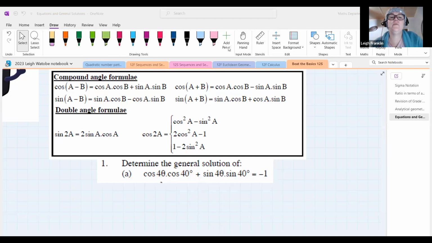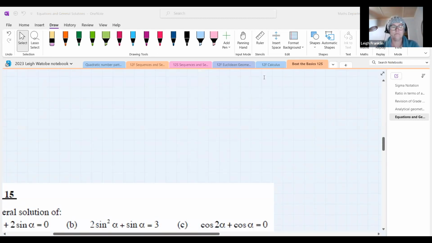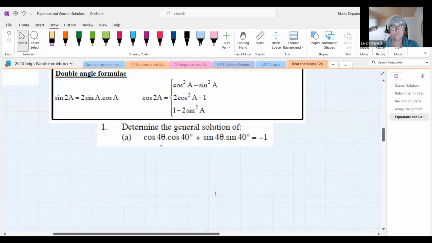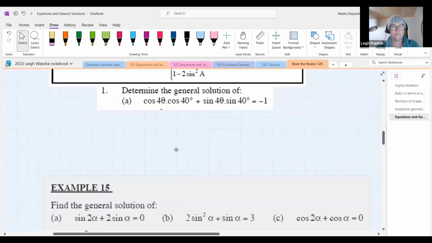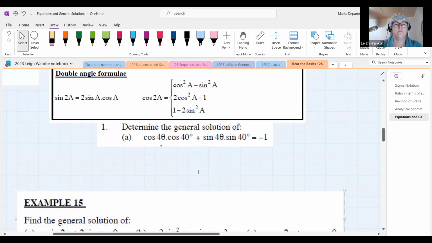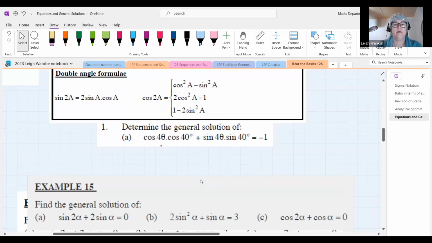Cool, Pinga, Sibongile, just DM me your answers if you can. I know it's a little bit of a tough one to type. Pinga, Sibongile, I'm not sure if you're interested in trying any of these ones here.